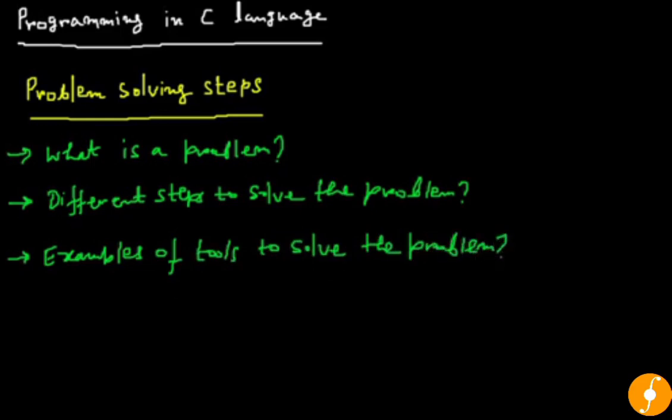So let's get started. When we say a problem, what is a problem? A problem is something that we mostly do not want in our life. You might think that, but this is not the case here. A problem is something we can understand as a situation.